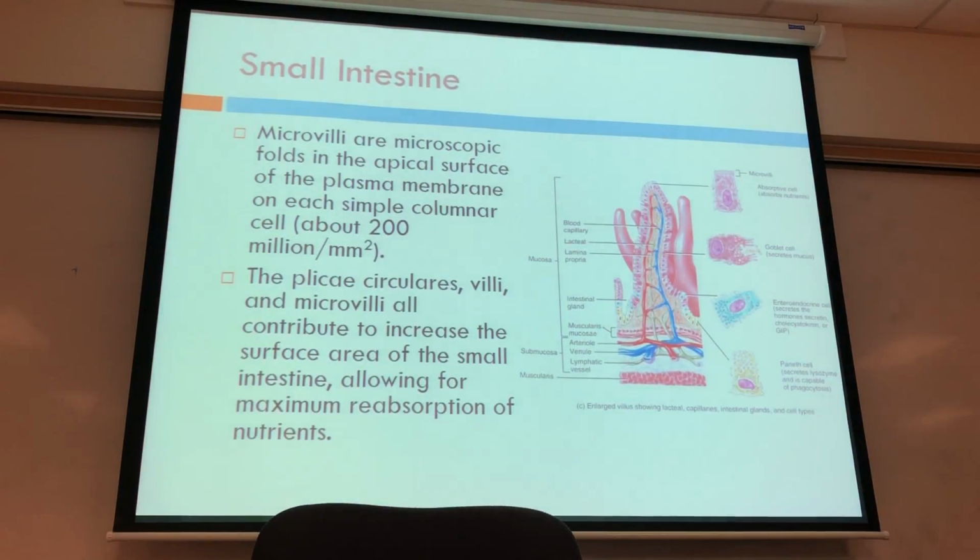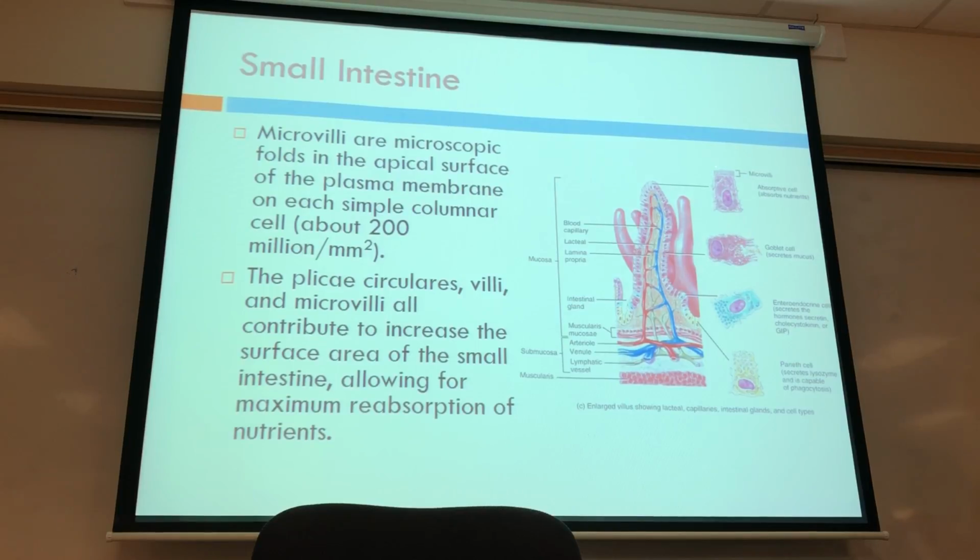Now, if I zoom in onto the cellular layer, I'm zooming into one of these epithelial cells, and on top of the villi, you'll see microvilli. Microvilli are appendages on the apical side. These are very similar to cilia right up on top, but they're not really for the purposes of moving fluid.